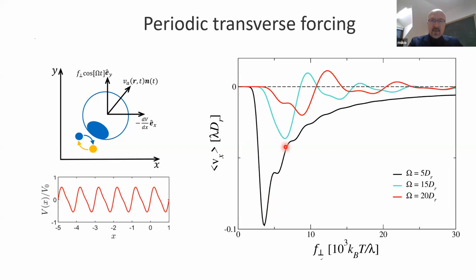These curves represent the net current of the active nanoparticle along the ratchet potential in the x direction, as a function of transverse force amplitude, depending on the angular frequency of this transverse driving. What is interesting, we find this reversal of the current. The particle can move leftwards or rightwards depending on the amplitude. And this again can be exploited to sort these active nanoparticles in this ratchet potential.